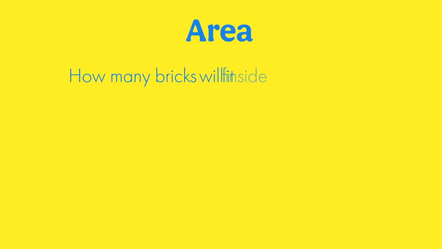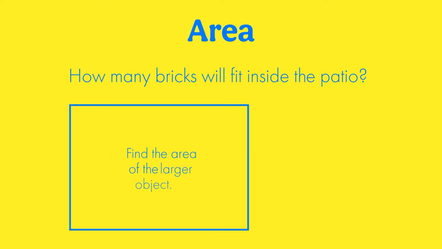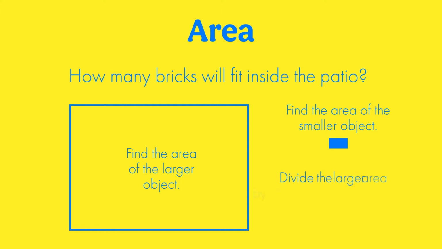So they might tell you they want to pave a patio, how many bricks will fit inside the patio? What you need to do in this case is find the area of the patio, and then find the area of one of the bricks. And then you take the big area of the patio, and you divide by the little area of the brick to figure out how many bricks fit inside the patio.